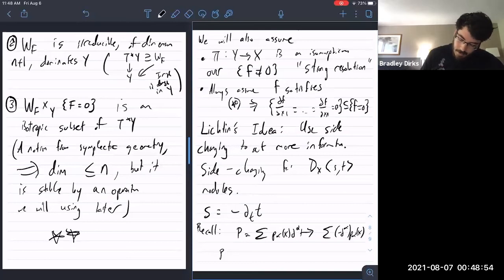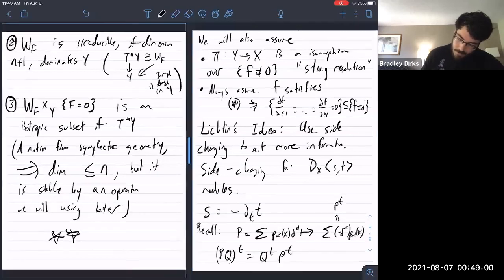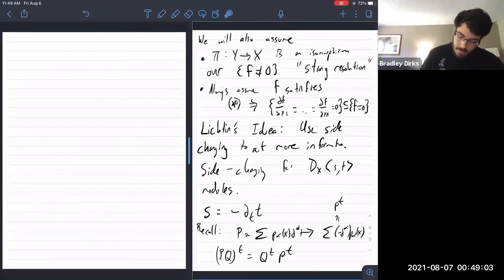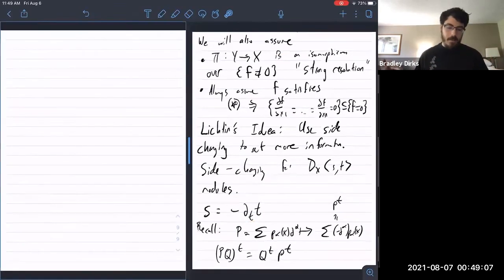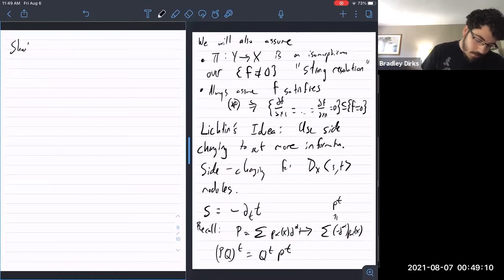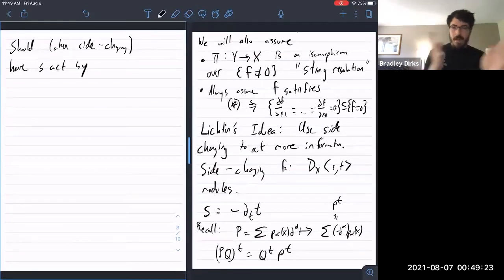And this satisfies pq. This is called the transpose or the classical adjoint, so it interchanges the order of them. Because this looks like a differential operator times another one of degree 0, when side changing we should have s act by, so we interchange the order, so it should be t dt.